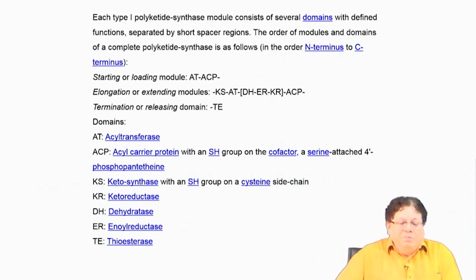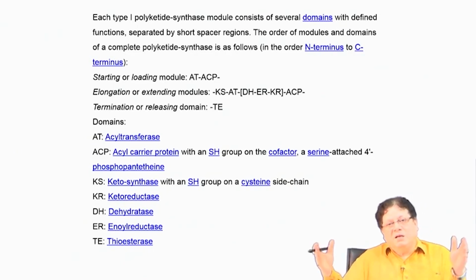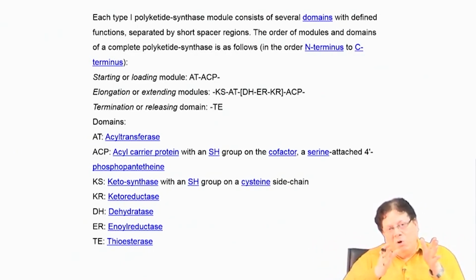Okay. Now, I told you that there are different types of polyketide synthase. One is PKS type 1 and then PKS type 2, that is the major classification. There is PKS type 3 also possible. PKS type 1 is basically a single enzyme containing different modules, and each module has different domains of activity. So, first be very clear that it is a single enzyme with different modules.